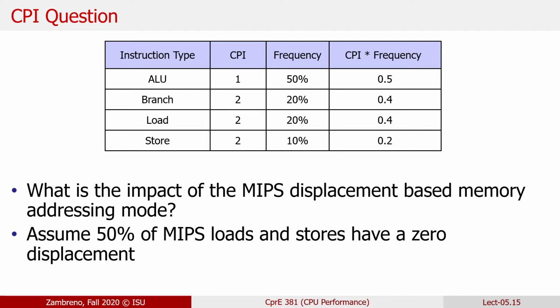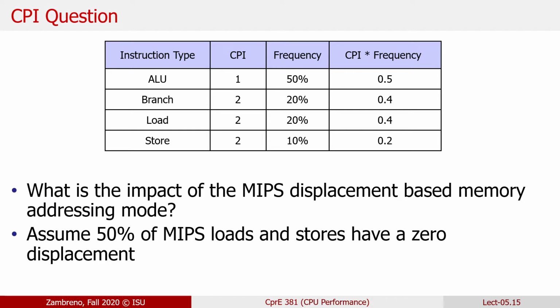So if we didn't have the displacement-based memory addressing mode, which is not a term we've been using a lot, if I wanted to phrase this in the terminology we've been using, it would ask something like: how many cycles are we saving by having load word instructions that allow us to do an add operation as part of the load word instruction? That's probably based on what you've been doing in Lab 4, that's probably the more precise way to phrase it.